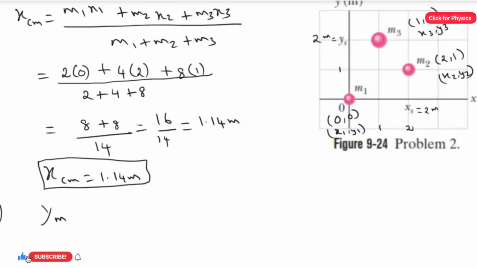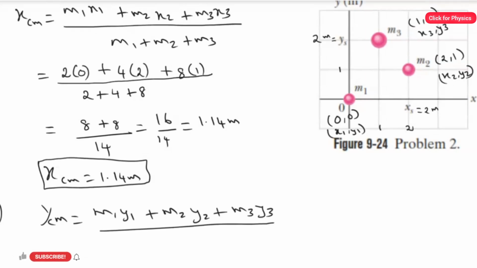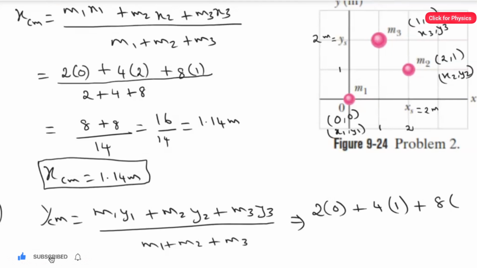Likewise, we have to find the y center of mass, which is our second part. The rule is y center of mass equals m1 y1 plus m2 y2 plus m3 y3 divided by m1 plus m2 plus m3. Now I'm going to substitute the values. m1 is 2 kilograms and y1 is 0, plus m2 is 4 kilograms with y2 equal to 1, and m3 is 8 kilograms with y3 equal to 2, divided by 2 plus 4 plus 8.